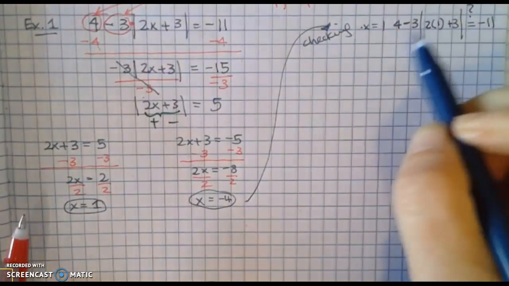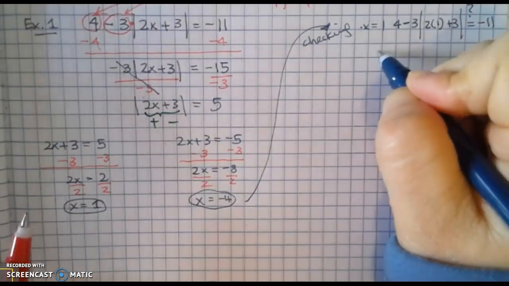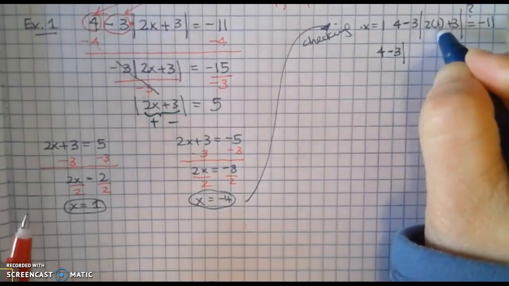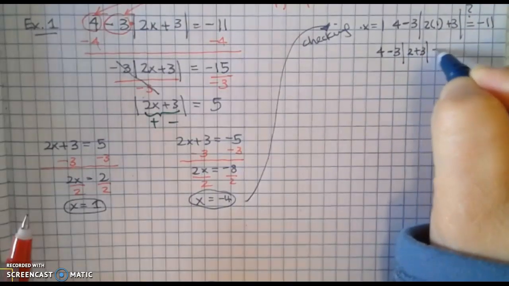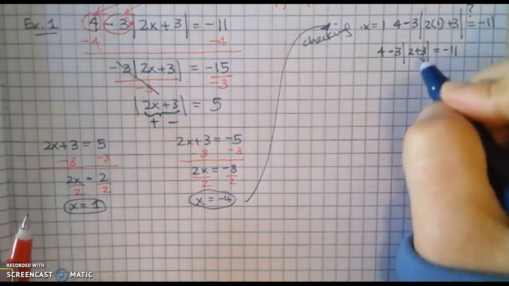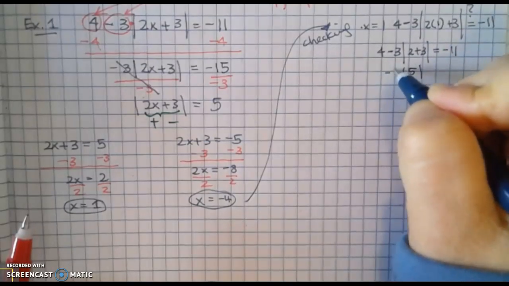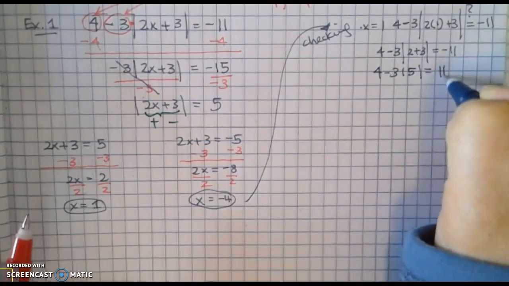That's the question. Okay, 4 minus 3. We can't do anything with the 4 yet. We can't do anything with the 3 yet either. 2 times 1 is just 2, plus 3, is equal to negative 11. What's 2 plus 3? That's absolute value of 5, minus 3, plus 4. Everything else stays the same.